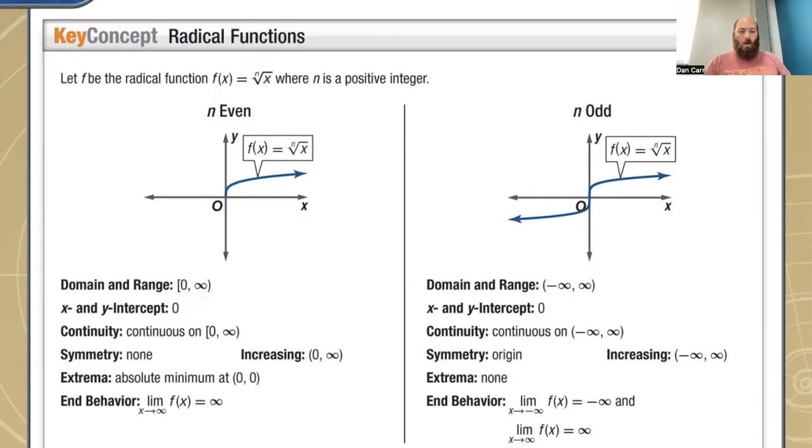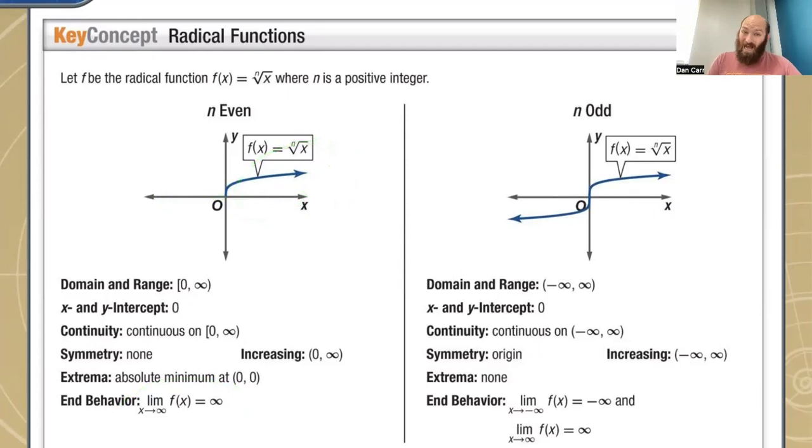When we look at our end behaviors as well, you notice how we don't have two end behaviors. As x goes off to infinity, f of x will equal infinity because it keeps increasing forever. But if I look to negative infinity, it doesn't approach anything, so we only have this right side end behavior, not the left side.